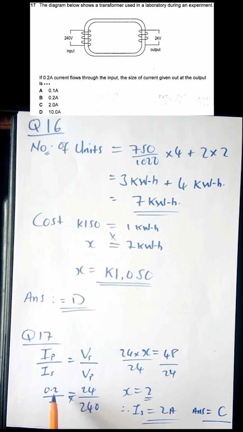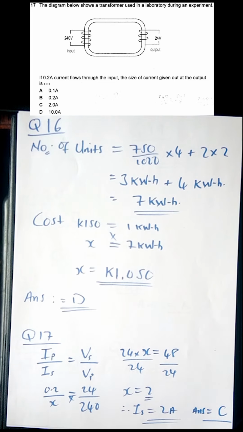Input current 0.2, output we don't know. Output voltage 24, input 240. We cross multiply, we find X to be 2, and that's the value of the output current, which is 2 amps. And this answer, we find it on option C. That's the answer for question number 17.